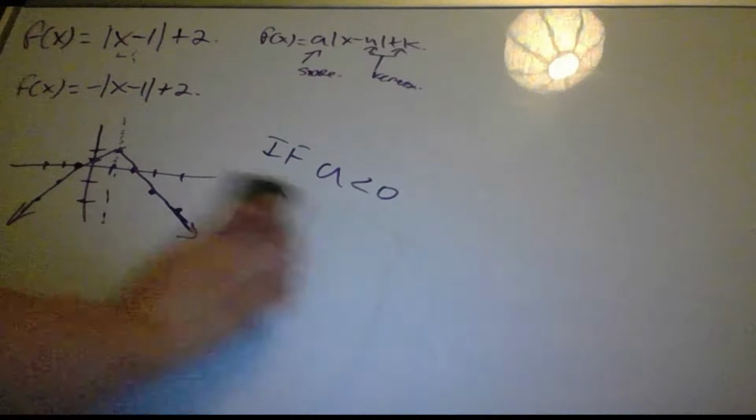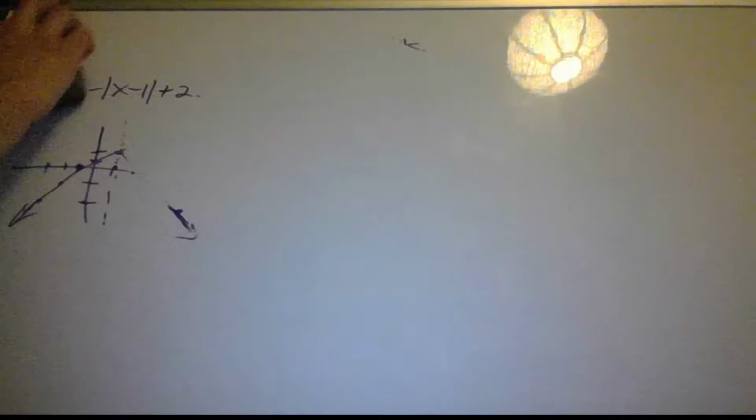Now for absolute value equations, if we have something like the absolute value of x plus 1 equals 3, you're going to have two answers: x plus 1 equals 3, or x plus 1 equals negative 3, right?